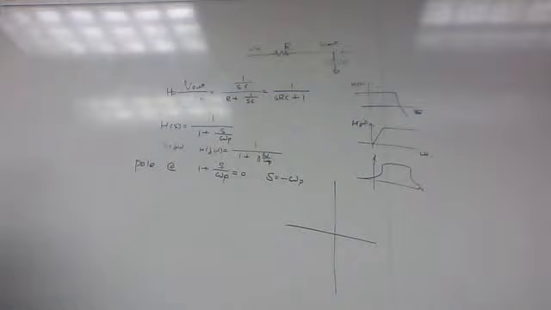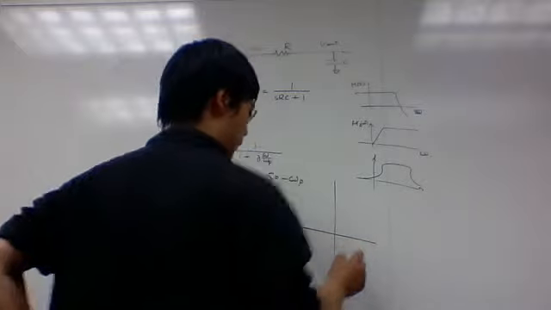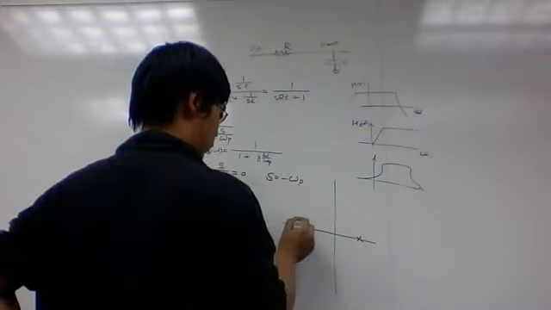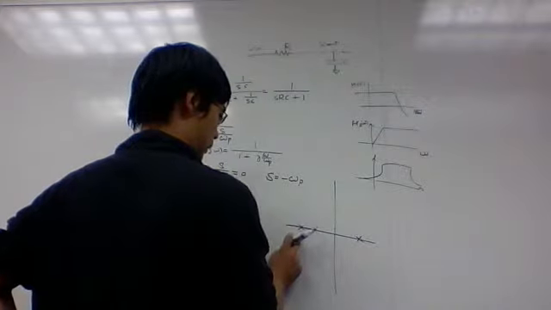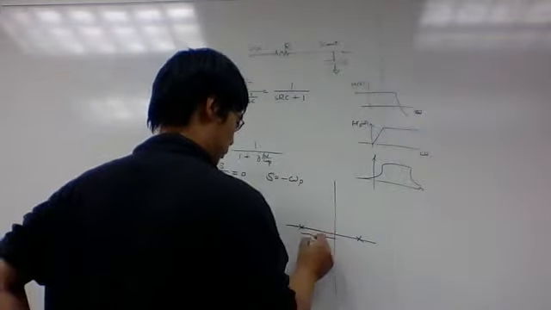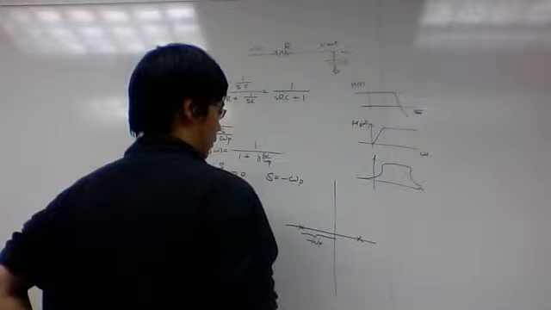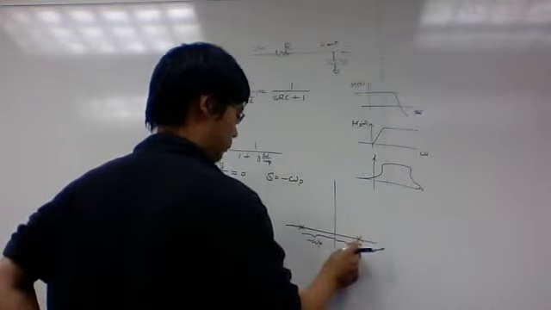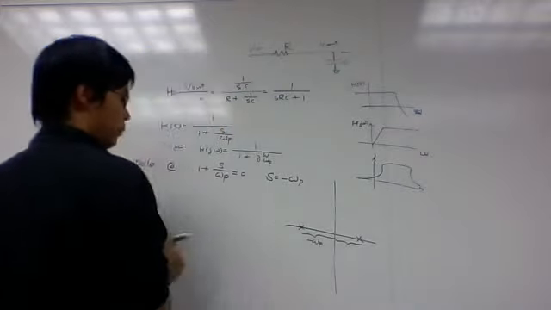So again, what if you could have, say, a real pole? Right now we have a negative pole here, at minus omega P, right? You could also have a pole on the positive side, right?